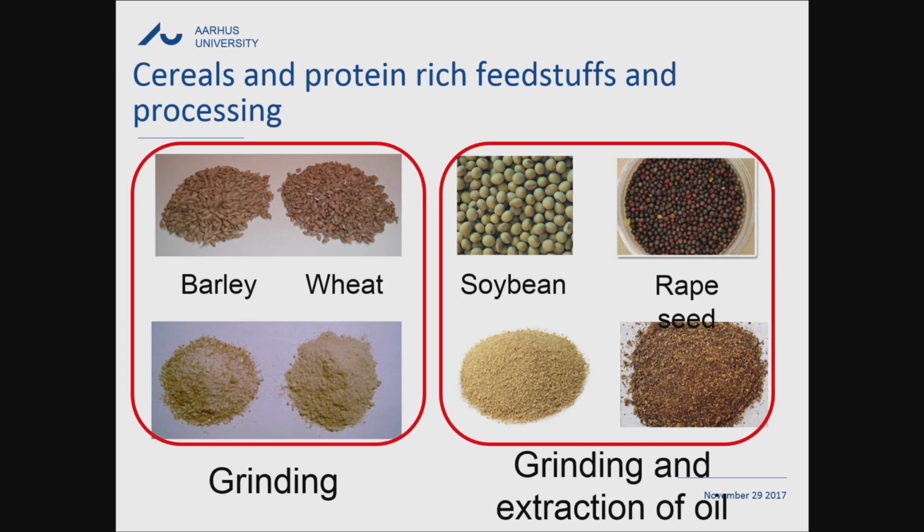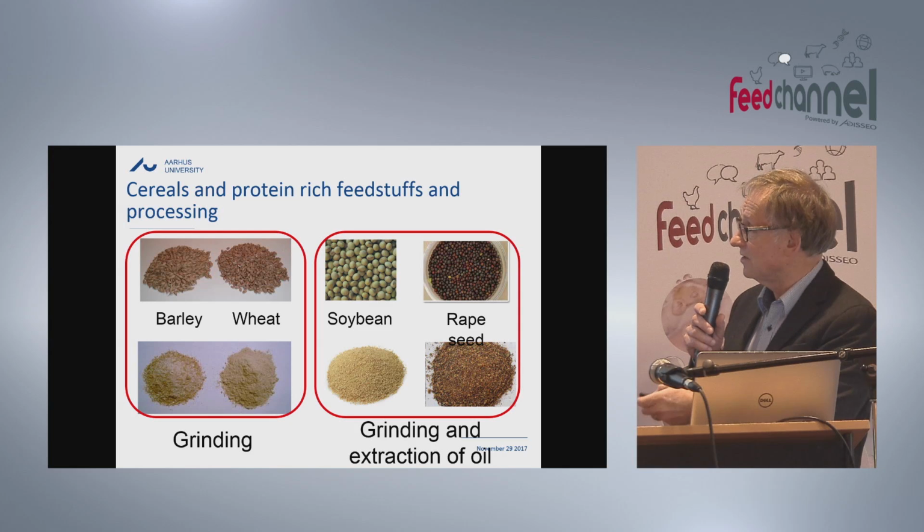That also means that we have this major part of, as for instance here, barley and wheat in the raw form, and then we have the soybean and rapeseed meals.